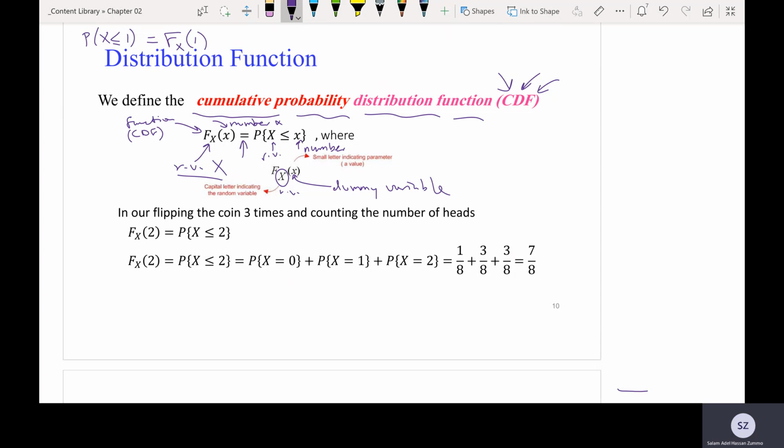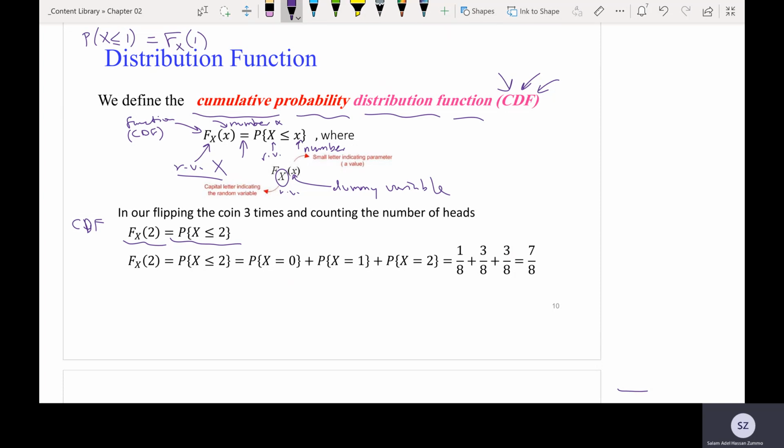Now let's go to flipping a coin. What is Fx of 2? When you see Fx of whatever, which is a CDF, what does it mean? Go back to the definition.